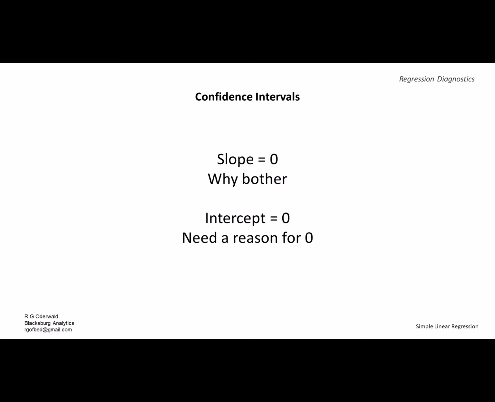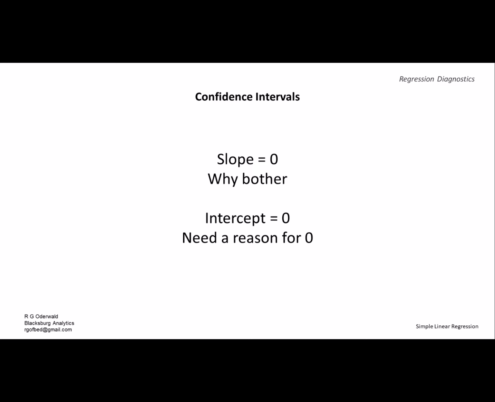If I thought the slope could be 0, I wouldn't have done the regression at all. The test for the intercept is only slightly more useful, but we need to have a reason to believe the intercept could be 0. If the phenomenon being studied can really have a 0 intercept, such as distance traveled by time, then we have a reason to test for a 0 intercept.